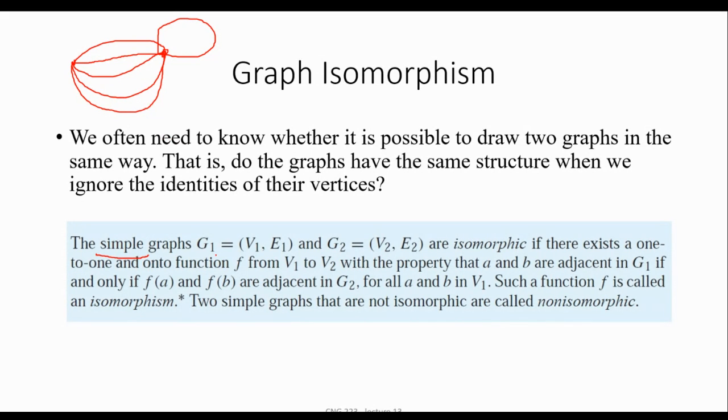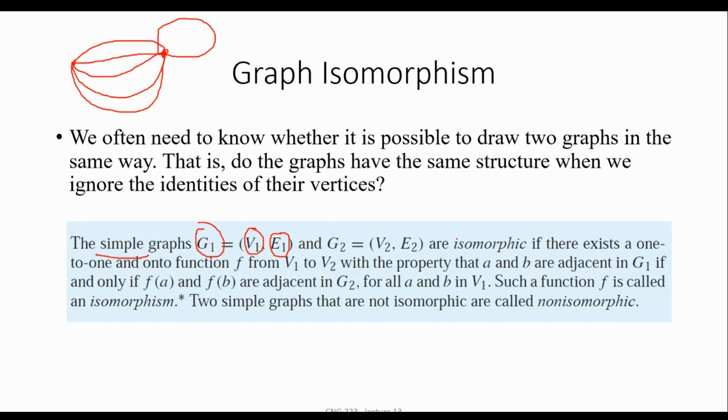The simple graphs G1 equal to V1, for example, vertex set, and E1, edge set. You remember each one of them are sets. V1 and E1 is the name of them, and you remember whenever we talk about definition of graphs, we show them by two components as the set of vertices and edges.